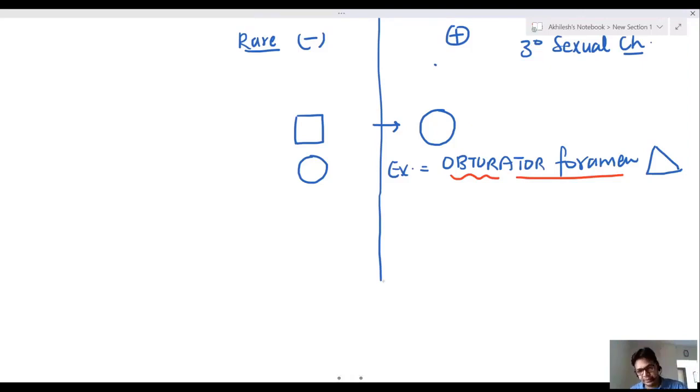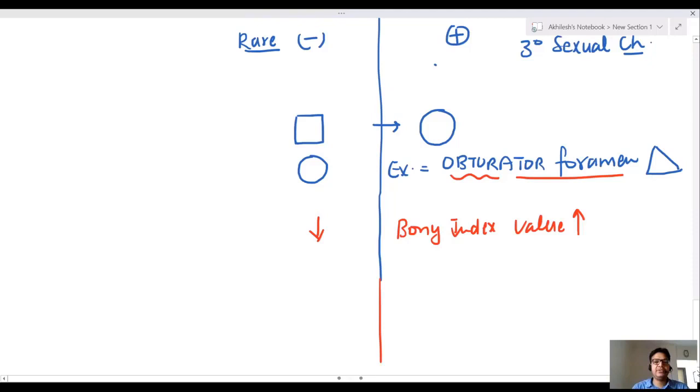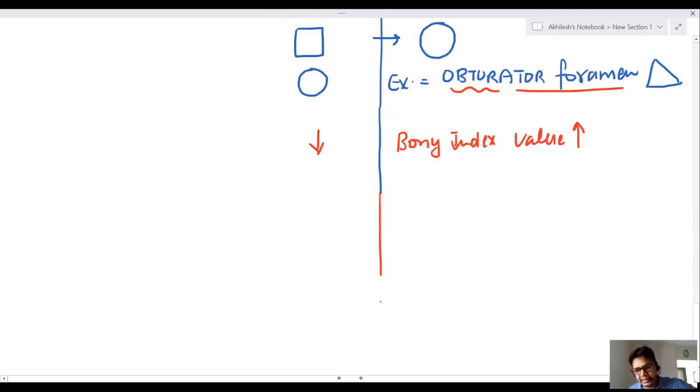Okay, this table is very important. All bony index values are more in female, less in male. Now this question comes, which is the best bony index? This is sciatic notch index.